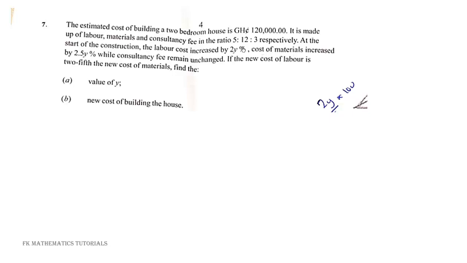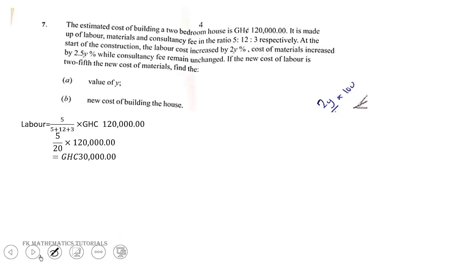So we're given this information. We need to calculate the labor cost, material cost, and consultancy fee using the ratio given. That of the labor will be 5 over total ratio times 120,000.